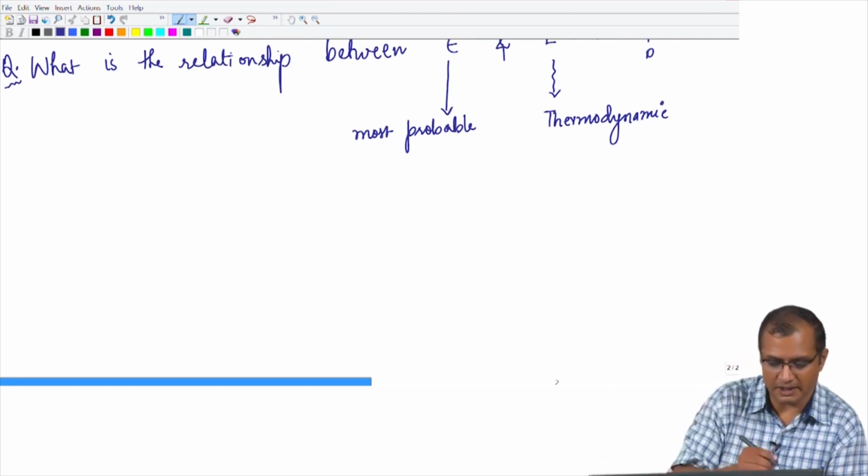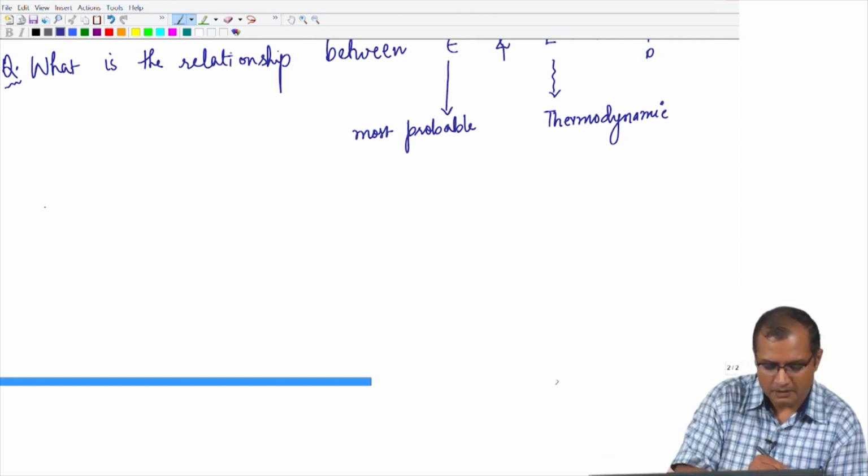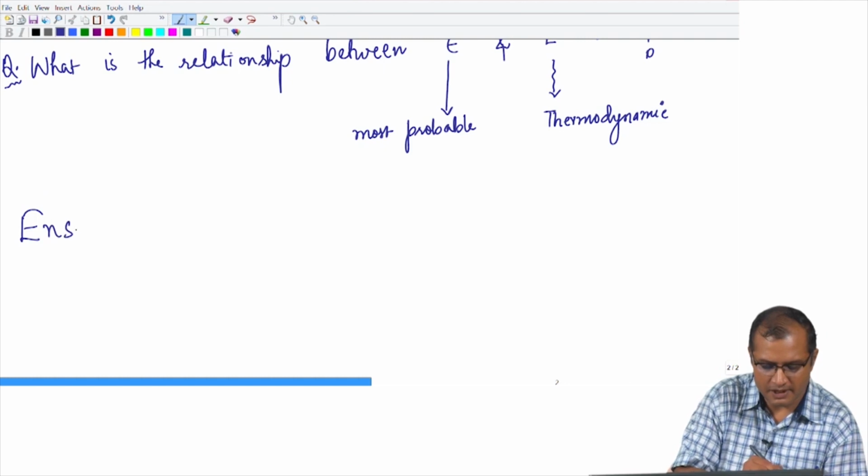So, you can easily see that connection by some sort of an ensemble equivalence. So, the answer lies in the ensemble equivalence.